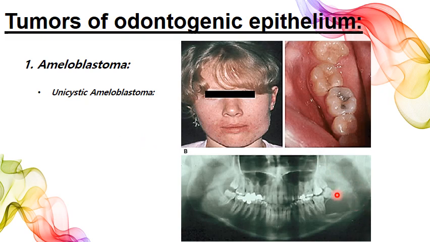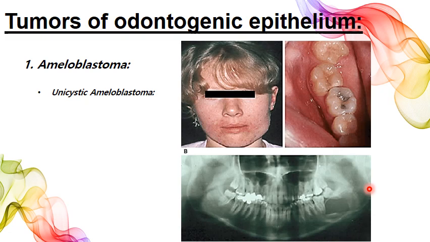Mostly seen in the mandible, especially in the molar and ramus area, as we see here. Both types that we have here, the multicystic and unicystic, appear in the posterior area of the mandible. Radiographically, they appear as a radiolucent mass, like we see here. No trabeculae appear, no multiloculation.